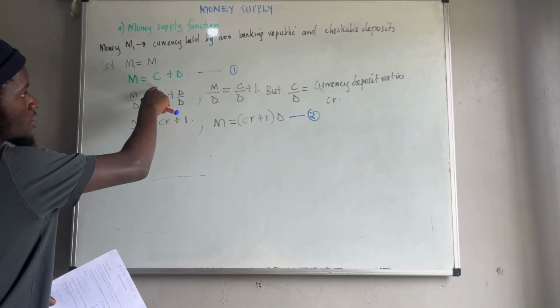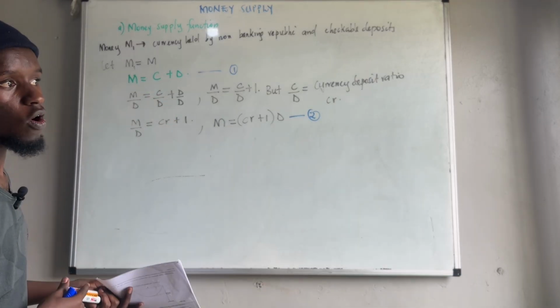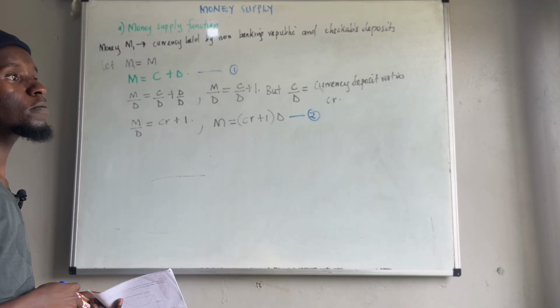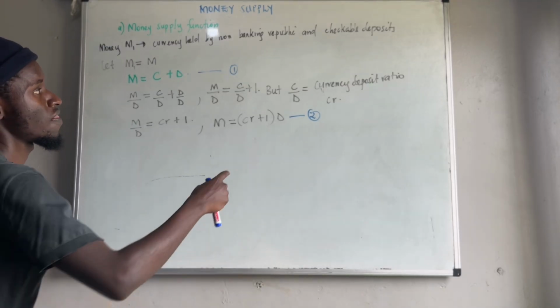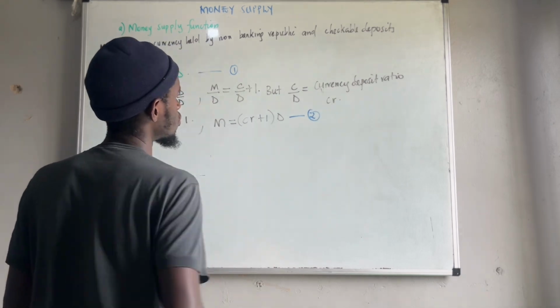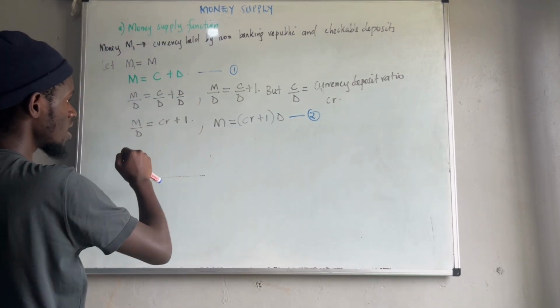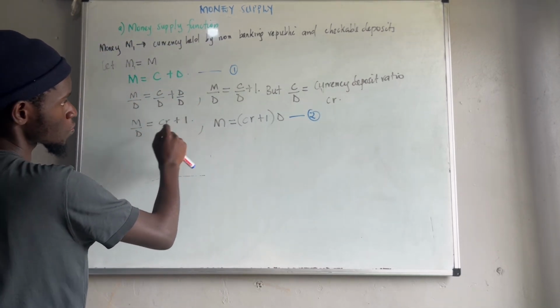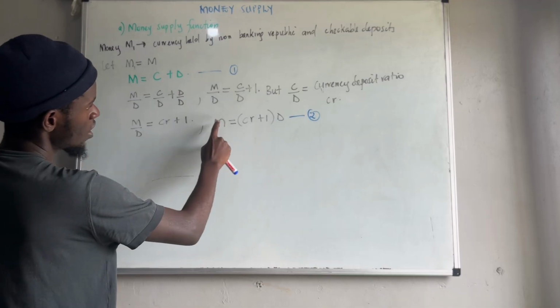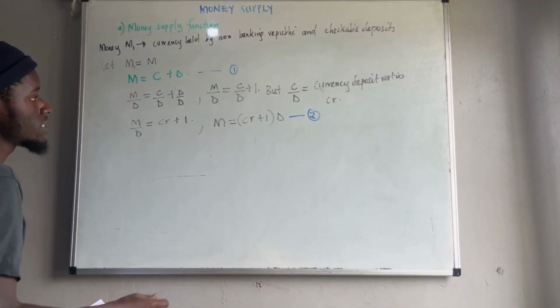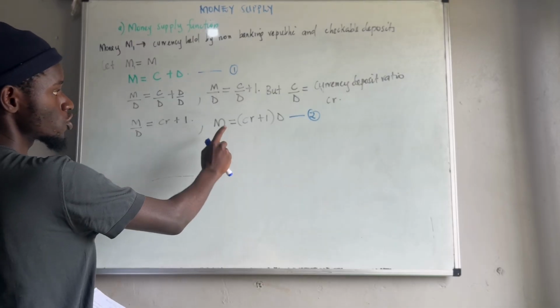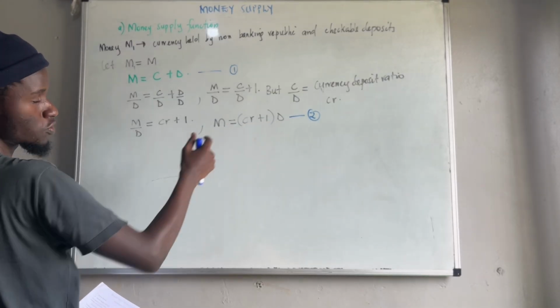C over D is called the currency deposit ratio: how much money people have in cash with respect to what they keep in the bank. D over D is just 1, and M over D equals CR plus 1, and therefore M equals CR plus 1 times D. That is our money definition in terms of the deposits and the currency deposit ratio.